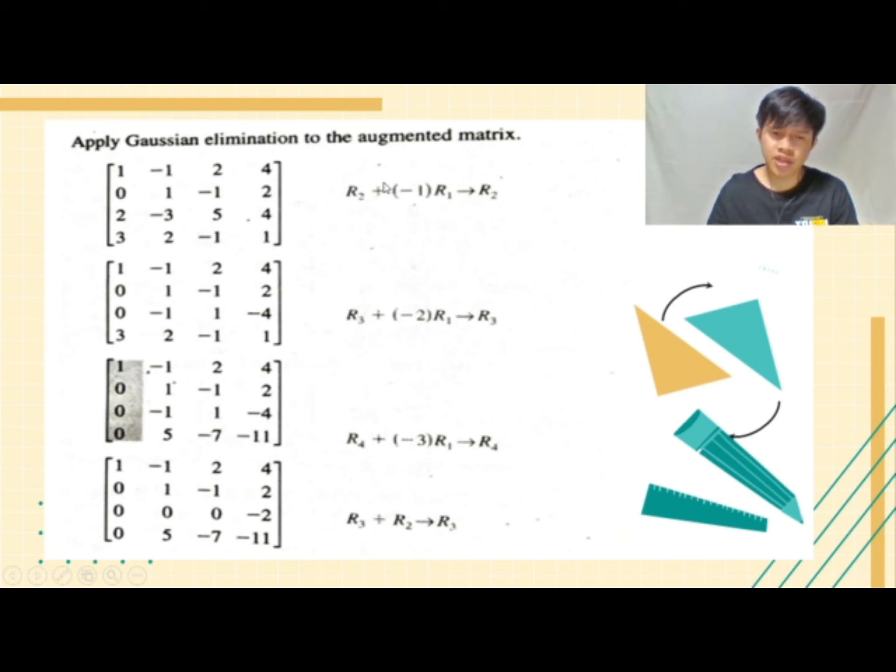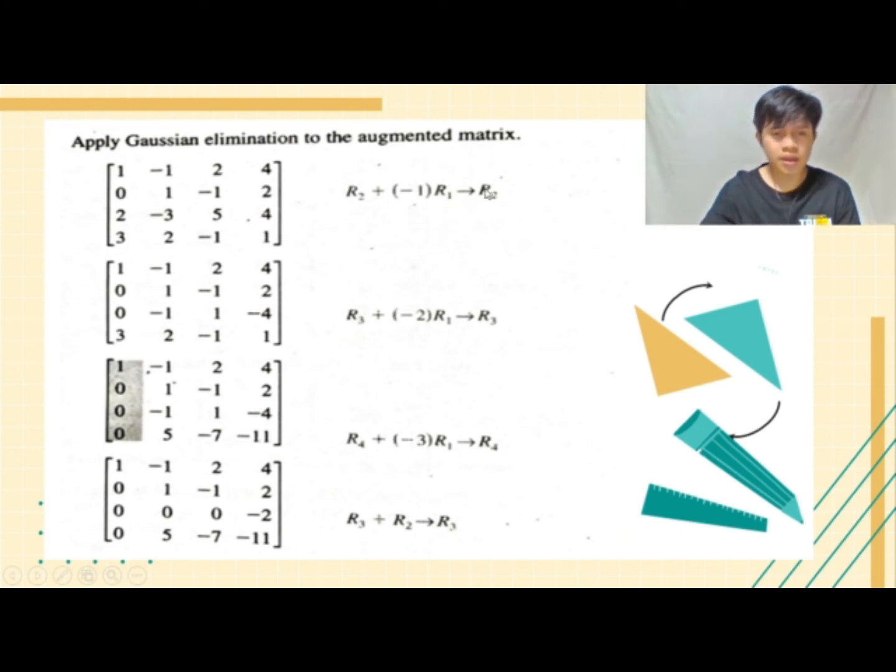So this is the same procedure in Gaussian elimination with back substitution, but this is the formula of this computation. So r sub 2 plus the quantity minus 1 times r1 is equal to r2.